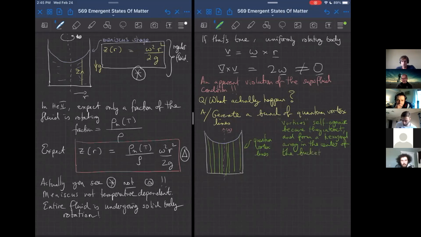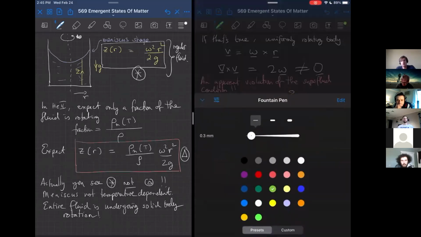And as you go further and further out from the center, it becomes somewhat non-uniform because of the meniscus shape. So that's the answer of what happens. So if we were to look down on this thing from above, what would we see?